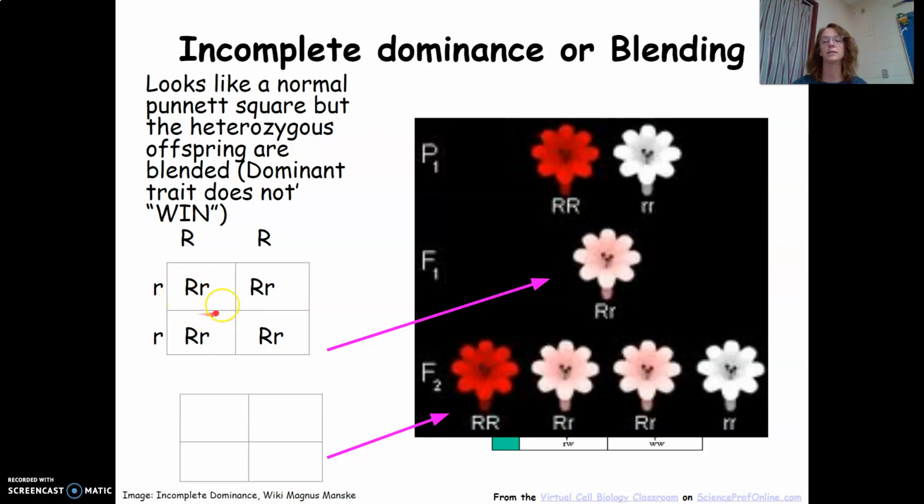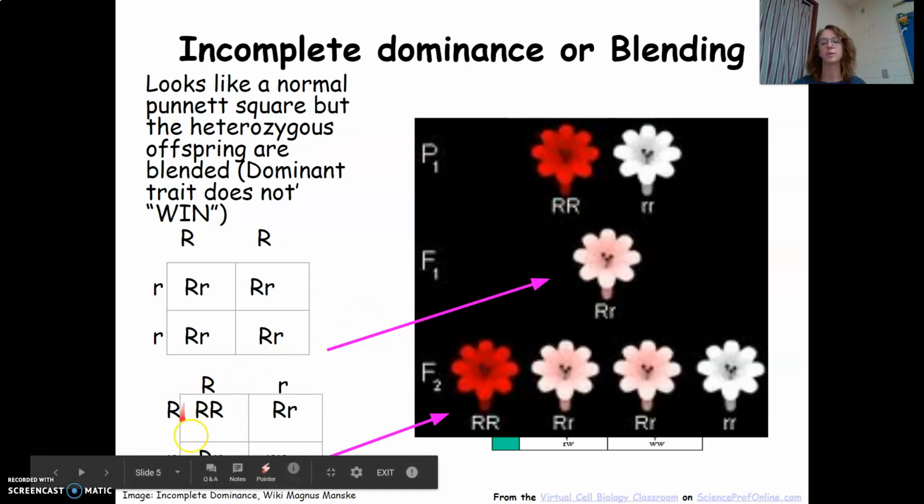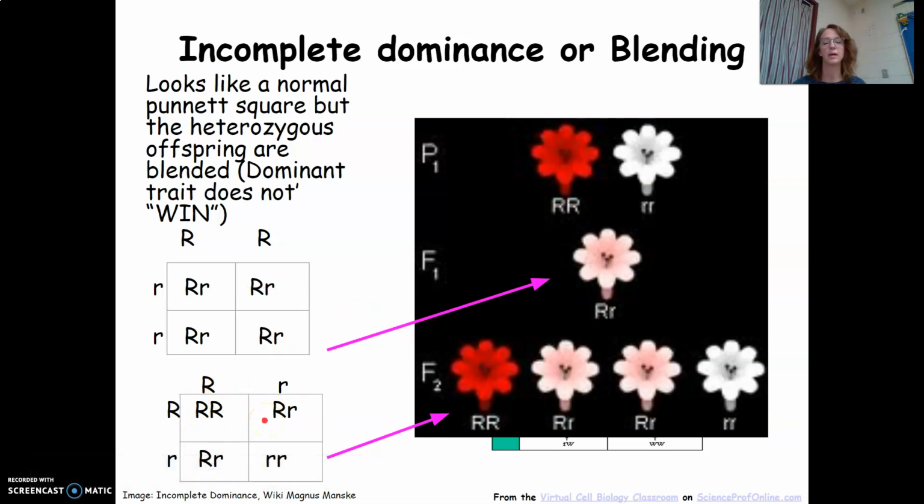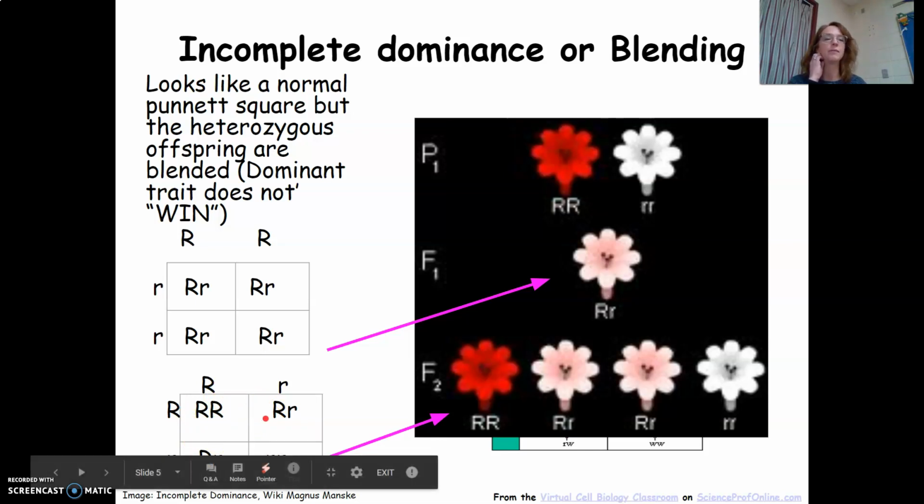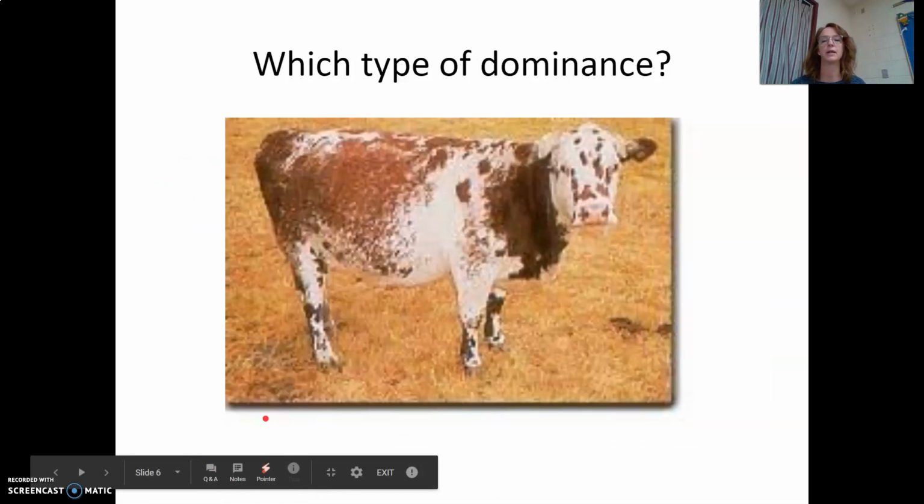The whole point in this is you have to see what the offspring looks like compared to the parent, and then you'll know if you have blending, stripes, or true dominance. When I take those offspring, so let's say I cross two pink flowers, you're going to end up with one offspring that's purebred red, two that are pink, and one that would be a pure white flower. So this is where we get a little bit more variety in life because it's not always just truly dominant.